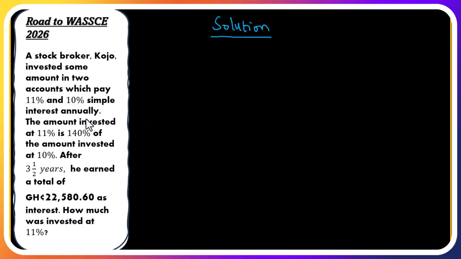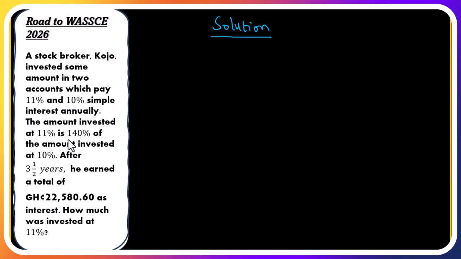So for our second reading, a stockbroker Kweju invested some amount in two accounts which pay 11% and 10% simple interest annually. The amount invested at 11% is 140% of the amount invested at 10%.